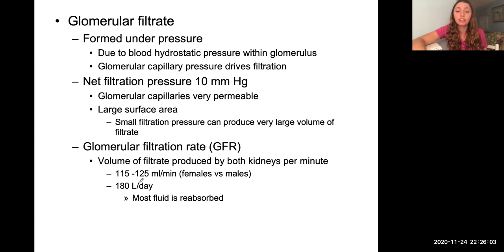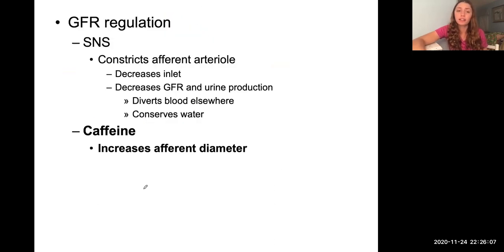It's about 180 liters a day. It can be more if you drink coffee, because caffeine increases the afferent diameter. What can decrease the GFR is the SNS, because it constricts the afferent arteriole and allows for less blood flow. That means there's going to be less filtration, less filtrate, less pee, everything else.